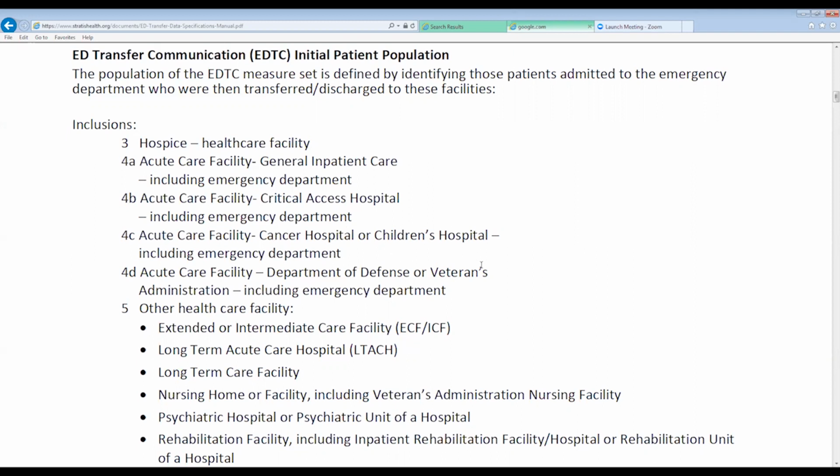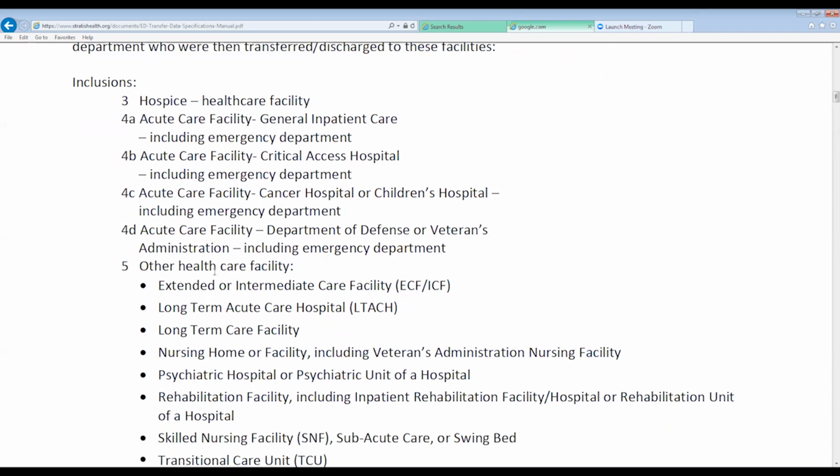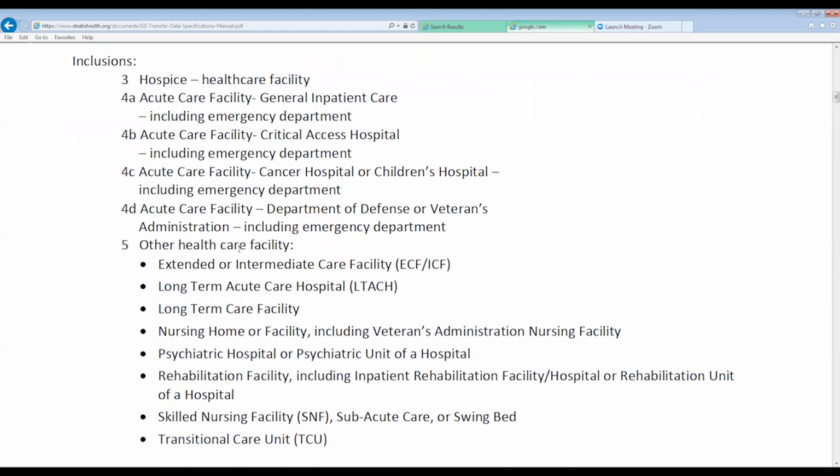I don't think we usually have a lot of issues around that, but this is our big issue: other healthcare facilities. So anybody who was discharged or transferred from your ED to an extended care or an intermediate care facility, a long-term acute care hospital, any long-term care facility, a nursing home, a skilled nursing home, any nursing home, okay?